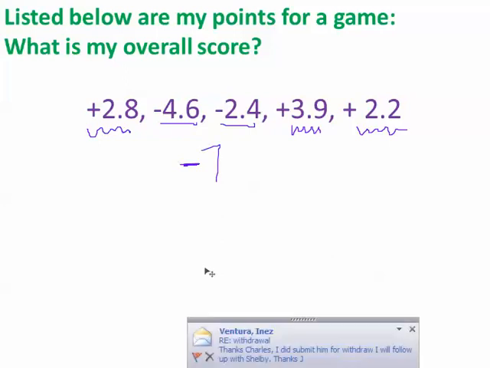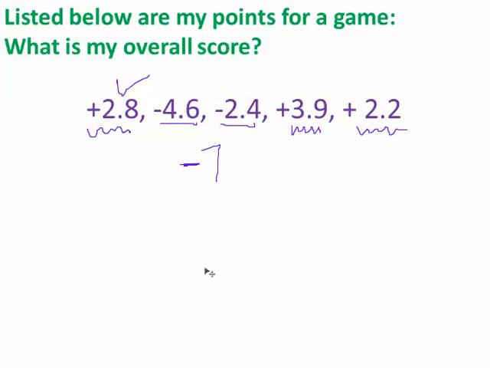Now I'm going to put together all my positive numbers. 2.8, watch me go. And I'm backing up. I need 3.9 for this positive guy. And then 2.2 plus 2.2 for the last one. And I get 8.9. So here's where I'm at. I have a positive 8.9 and I have a -7.